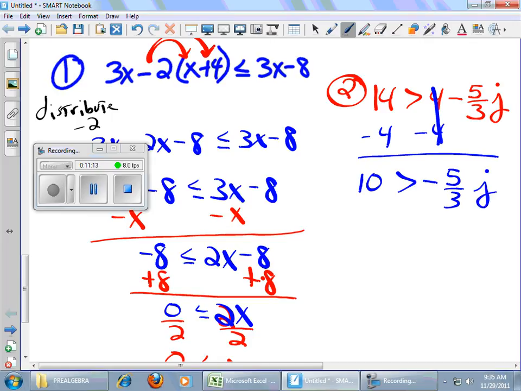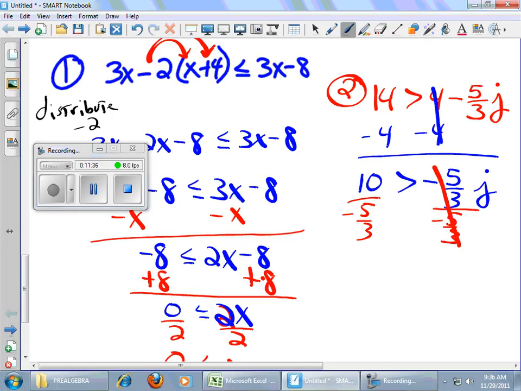There's two ways to do this one. I'm going to do it in one step. I'm going to divide the whole thing by -5/3. That is one good way to do it. You could break it up into two steps where you multiply by 3 first and then divide by 5. Make one of them negative when you do that. Okay, but this is a little quicker.